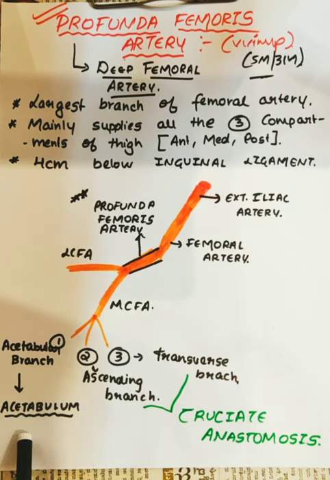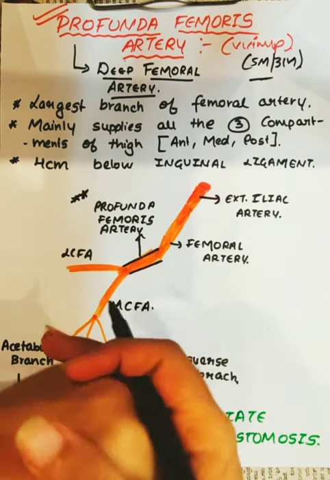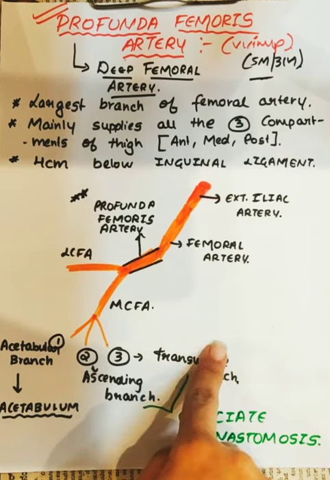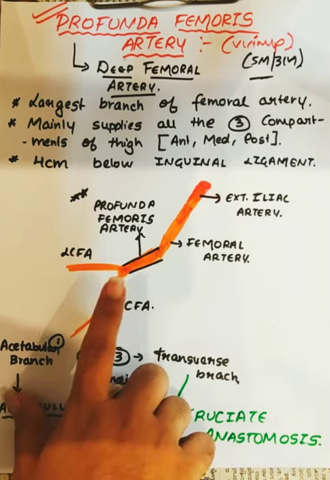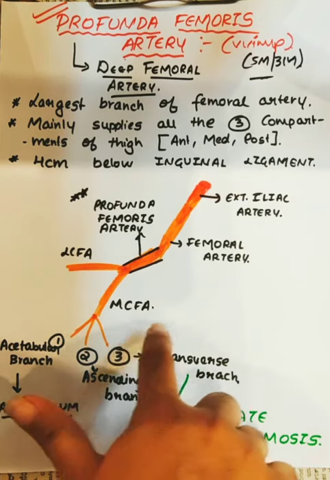The acetabular branch helps in supplying the acetabulum, which is present in the hip joint, which helps for the articulation of the hip joint. These were the branches of the medial circumflex femoral artery.